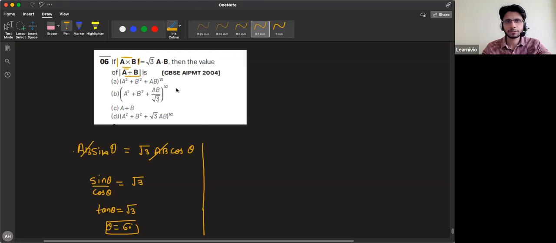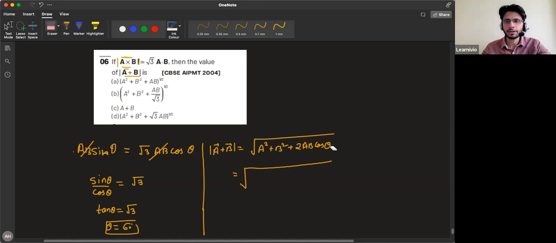The next is you need the magnitude of A plus B. The magnitude of A plus B is root over A square plus B square plus 2AB cos theta. So how much is theta? Theta is 60 degrees.